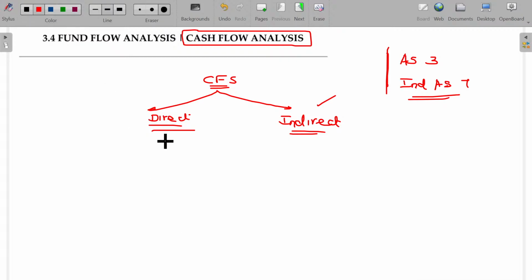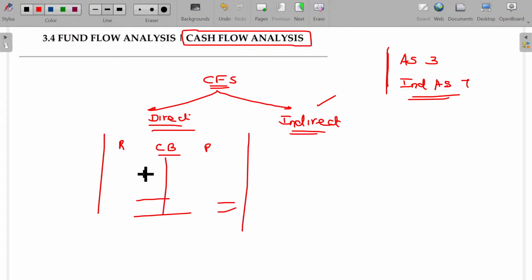See, under direct method is nothing but a cash book, receipts and payments. You have to redraft this in a vertical format, but the items in the receipt side and payments are classifiable into three varieties. Cash received for your business operation, otherwise called cash from operations.